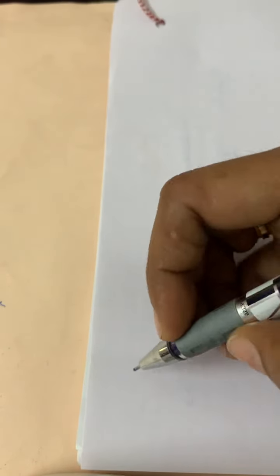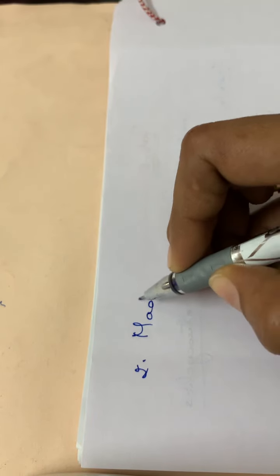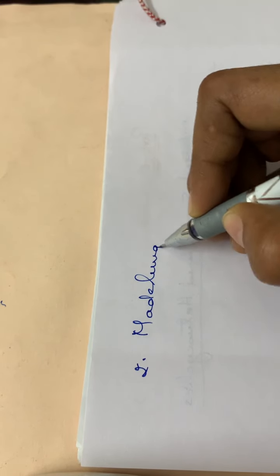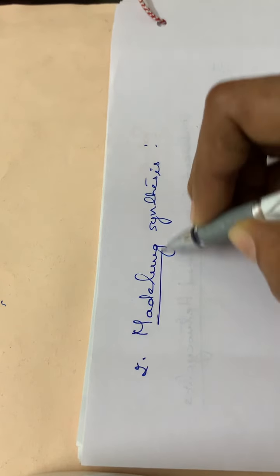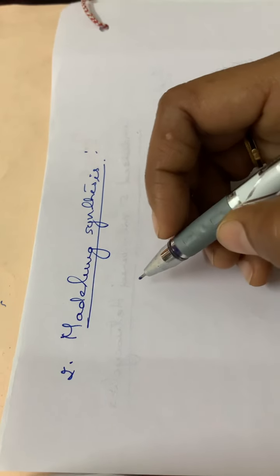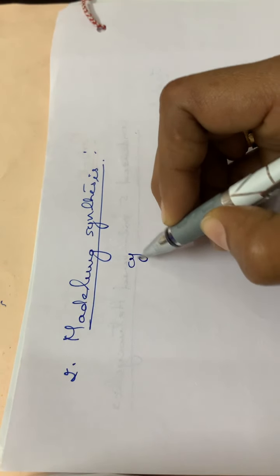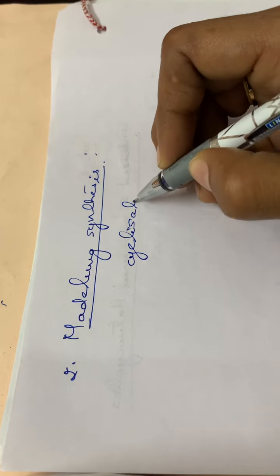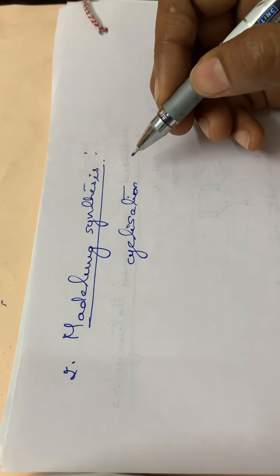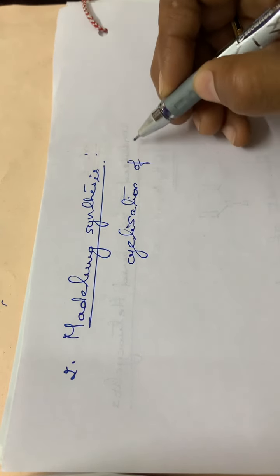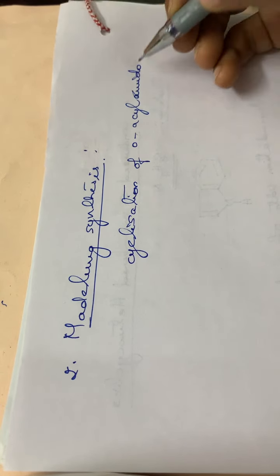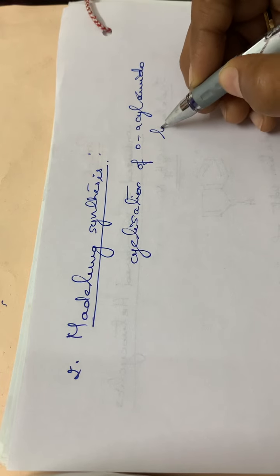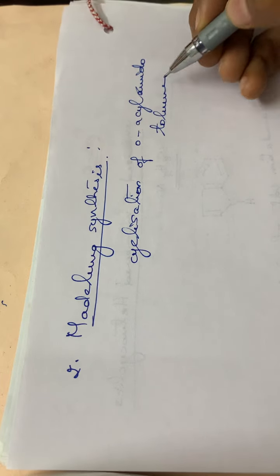Then the next synthesis is the Madelung synthesis. Here a cyclization reaction takes place. Cyclization means ring formation takes place, and it is the cyclization of ortho-acylamidotoluene.